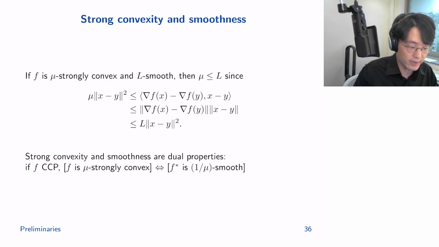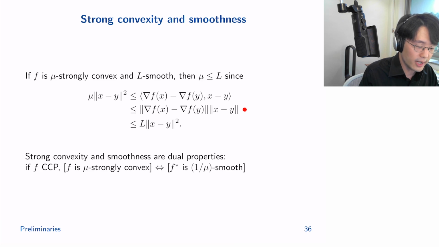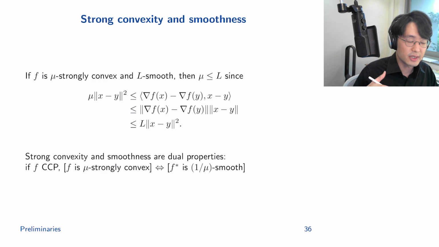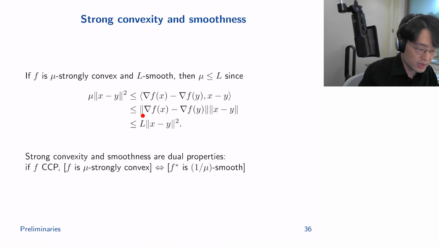Then we can upper bound this inner product using the Cauchy-Schwarz inequality. The norm of the difference of the gradients, by the third definition of L smoothness, that the gradient mapping is L Lipschitz continuous, is upper bounded by L times the norm of x minus y. So we get L times the norm of x minus y squared as an upper bound, and then we cancel these out. So we get mu less than or equal to L.